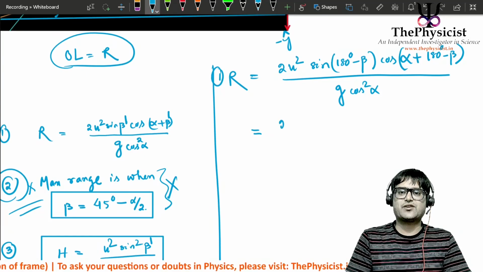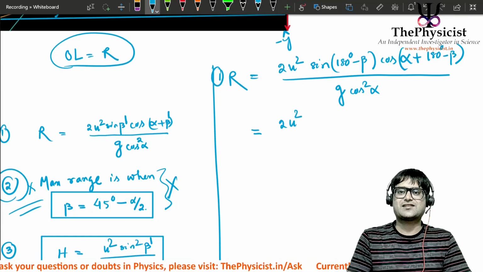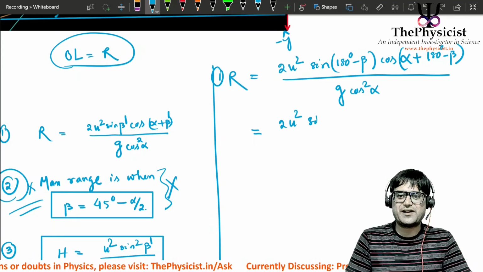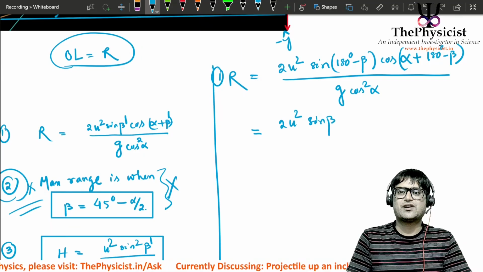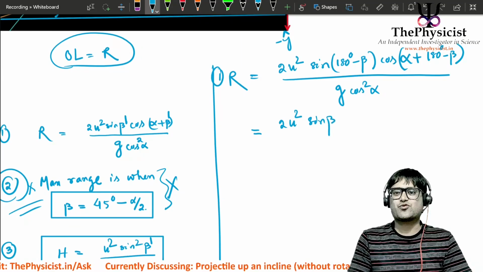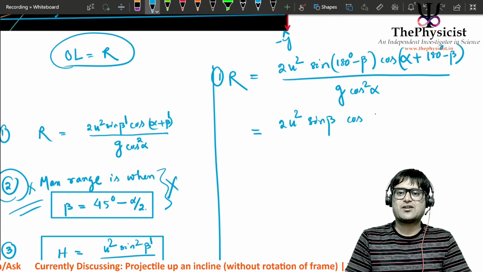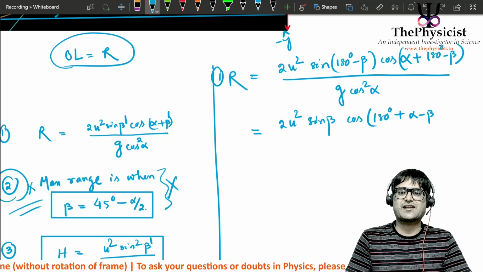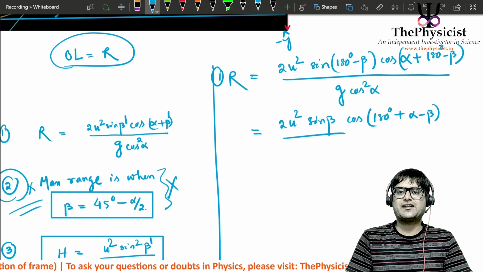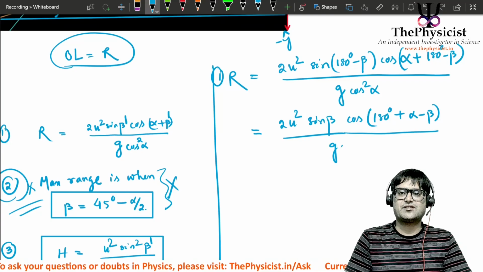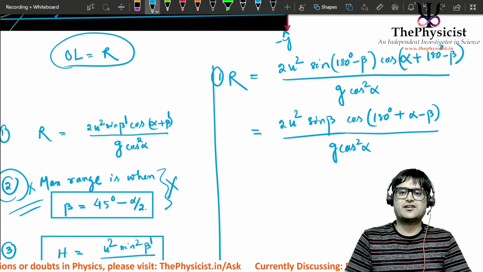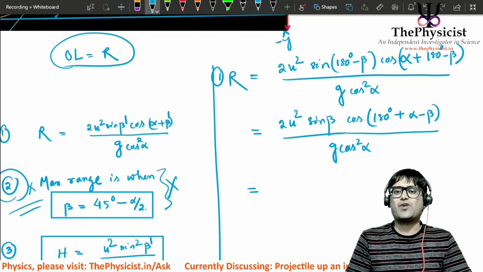That's it. So now you have 2u squared sine 180 minus beta, which is sine beta. No change. Cosine alpha minus, so cosine of 180 degrees plus alpha minus beta, right? I can write it like this. Again, divide that with g cos square alpha. Okay, so what about this cos?